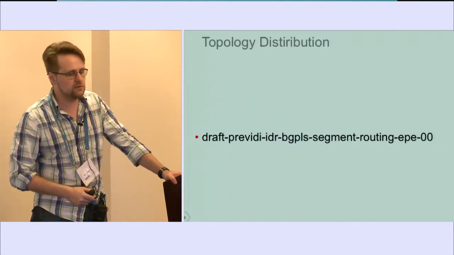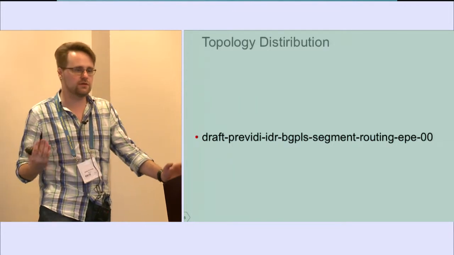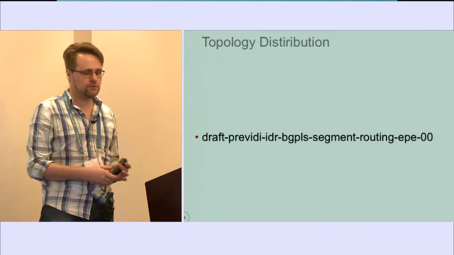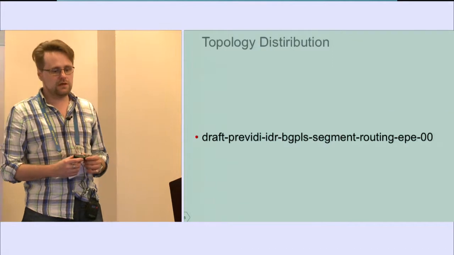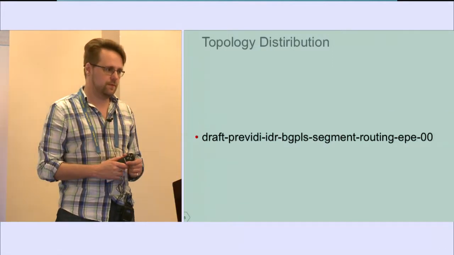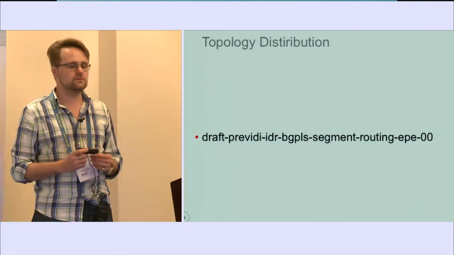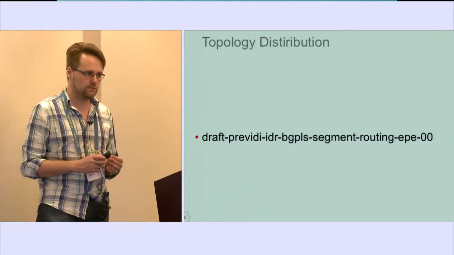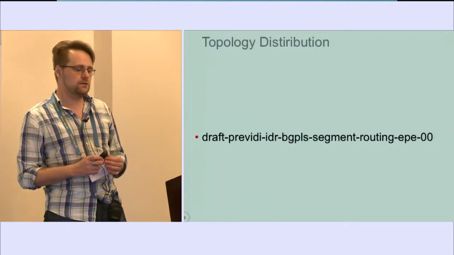When the egress node has allocated SIDs, it must report to the centralized controller. For this, we have a separate draft. It is a modification of BGP-LS, BGP link state.